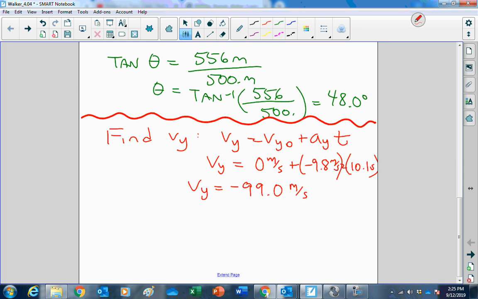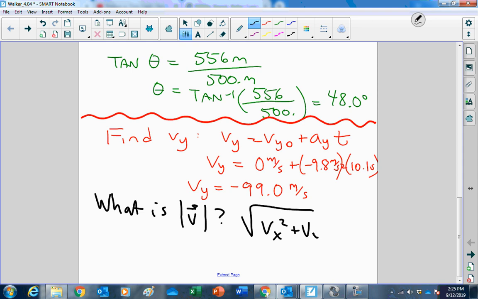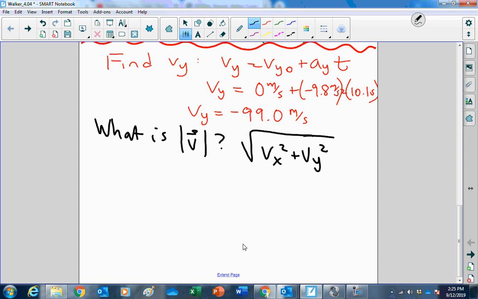And then in order to find the magnitude, they want to know what is the speed, okay? So then I need to do the square root of Vx squared plus Vy squared. So to do that, I've got to go 55.